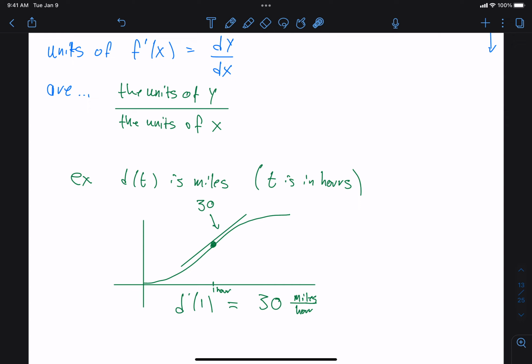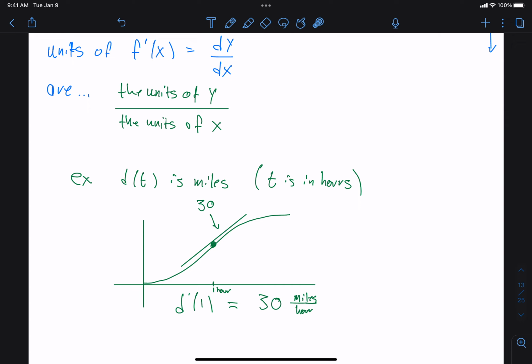Later on, we'll see business applications that could be like dollars per unit, or something else. All right, any questions on the units?